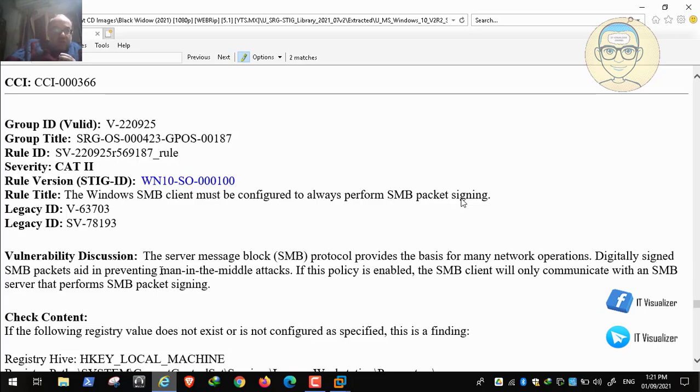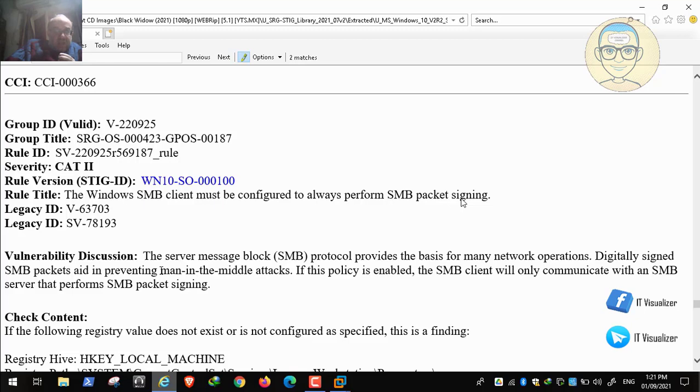So let's say we have two sides, the client and the server, the SMB client and the SMB server. When talking to the file server, all of their communication should be encrypted and signed, so there is no man-in-the-middle attack.